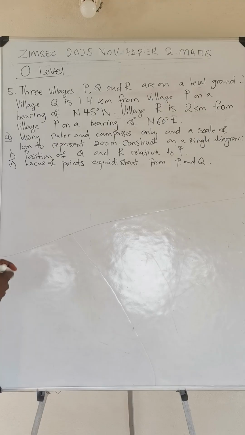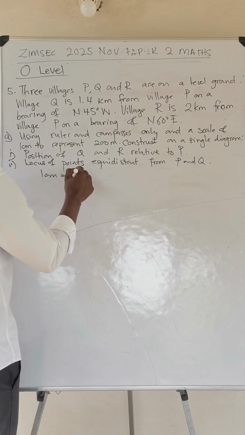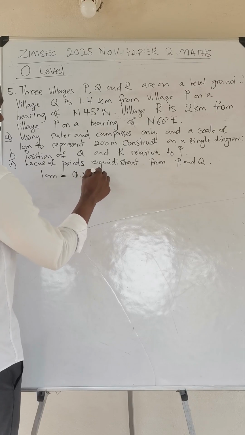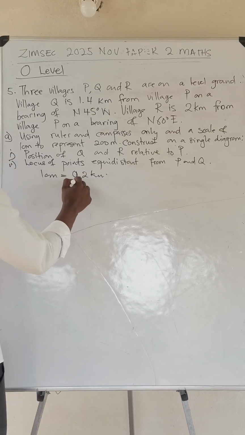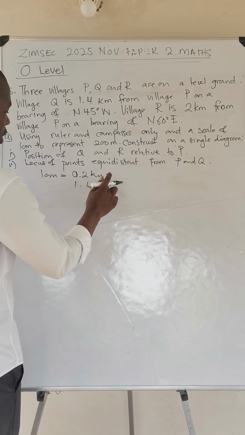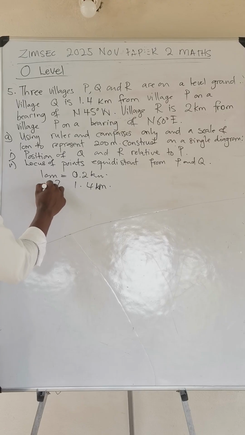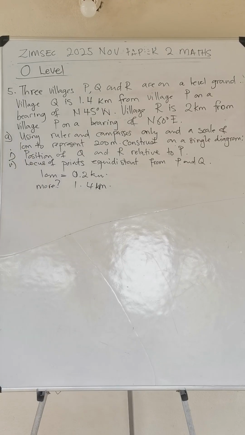So if our 1 centimeter is equivalent to 0.2 kilometers, what about our 1.4 kilometers? It means we get more centimeters, because we want to know the exact measurements we are going to use on paper, on the drawing sheet.